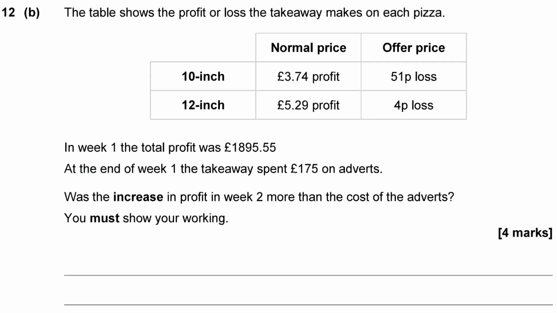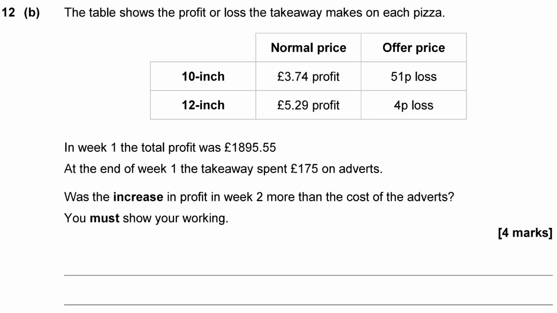12B. The table shows the profit or loss that a takeaway makes on each pizza. A 10-inch pizza at normal price makes £3.74 profit, and on offer price it loses 51 pence. A 12-inch pizza normally makes a £5.29 profit, or on the offer price it loses 4 pence.